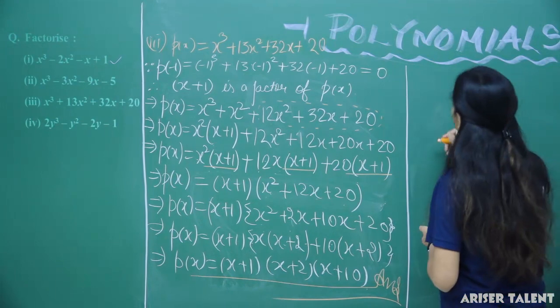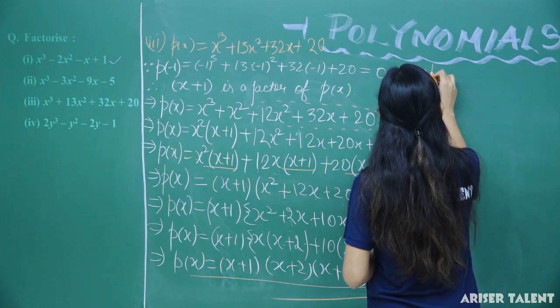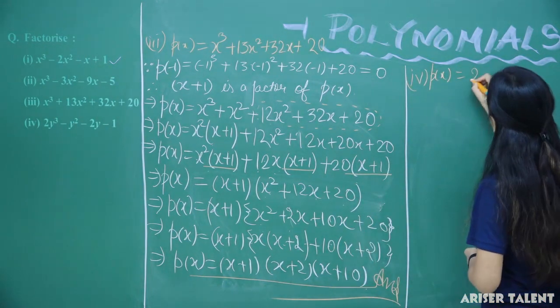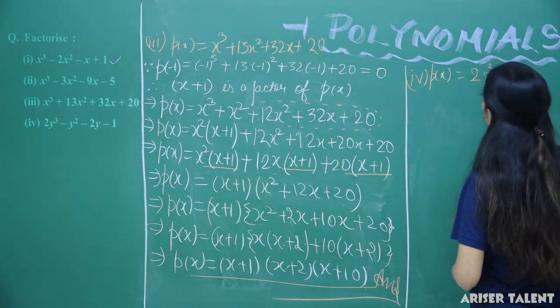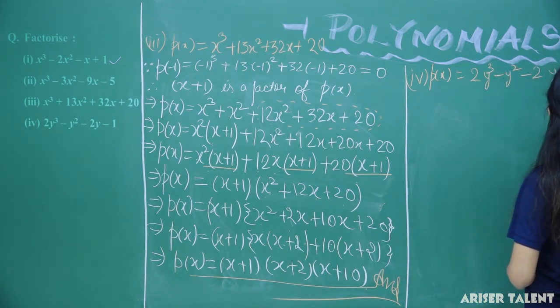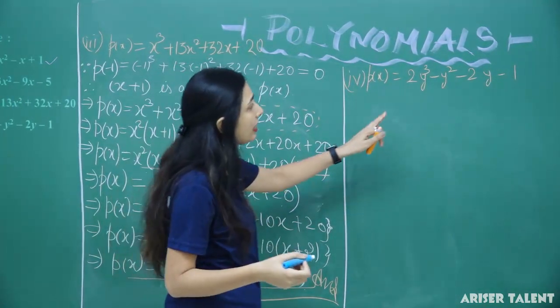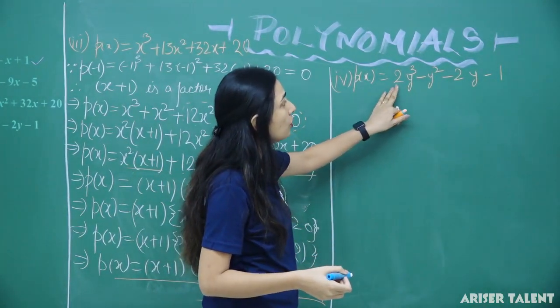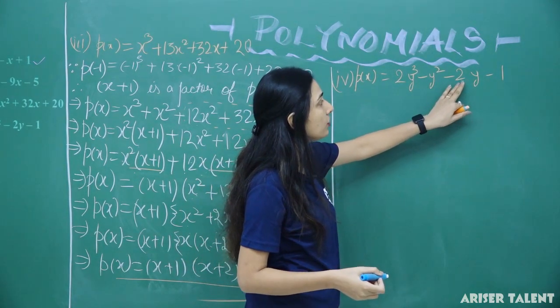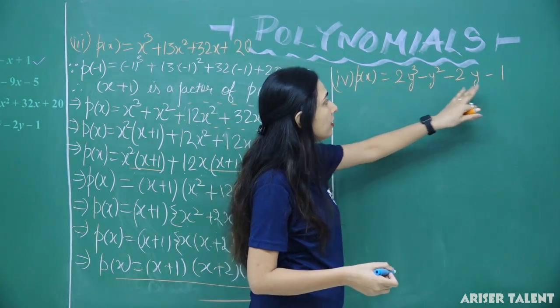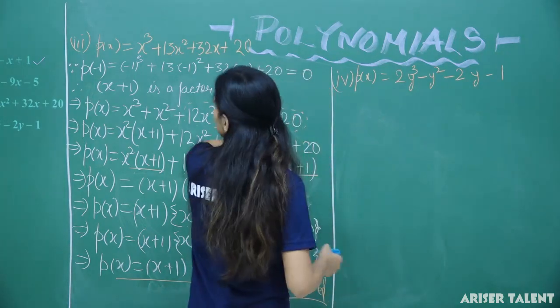Okay, so next question number 4 is P(x) equals 2y cube minus y square minus 2y minus 1. Now students, again with the same procedure, if I take this 1 here, 2 minus 1 minus 2, so minus 2 cancel, minus 1 and minus 1 again.